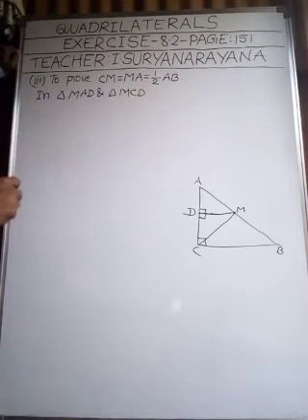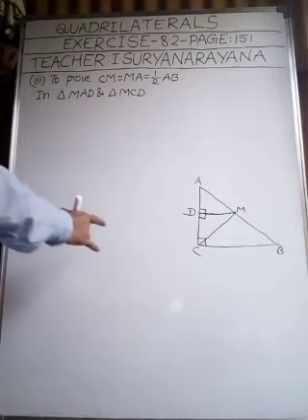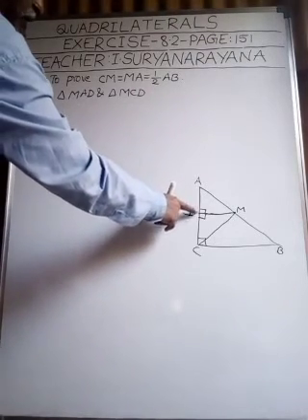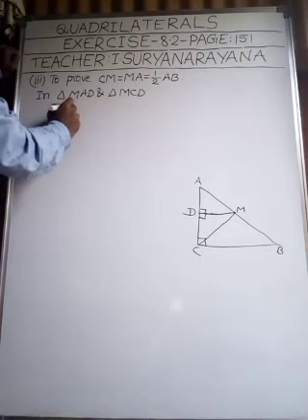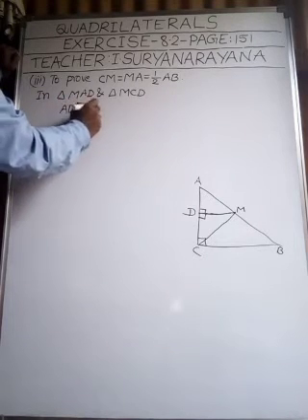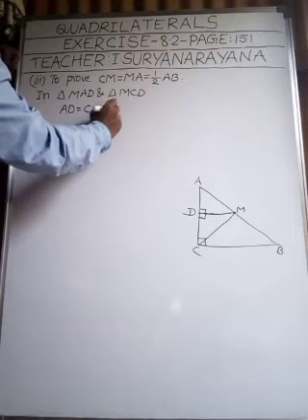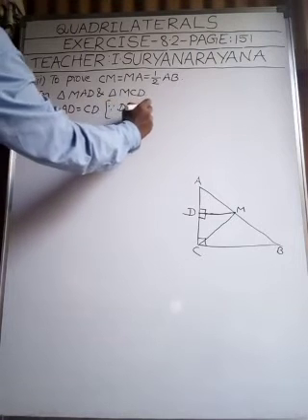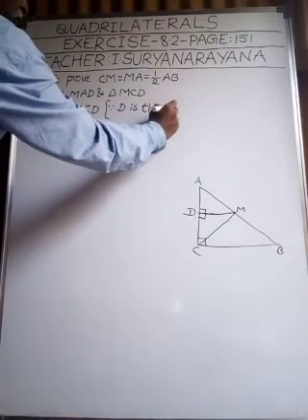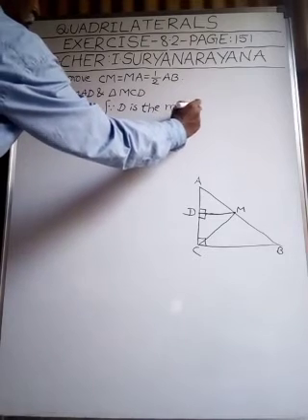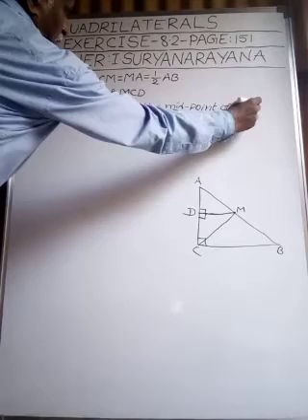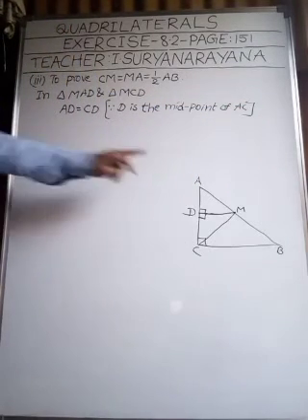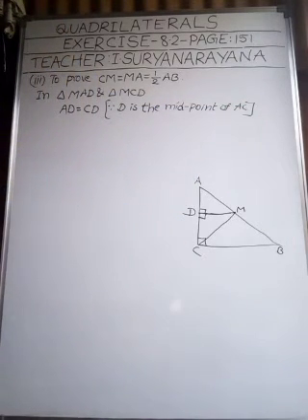In these two triangles, AD is equal to CD because D is the midpoint of AC.